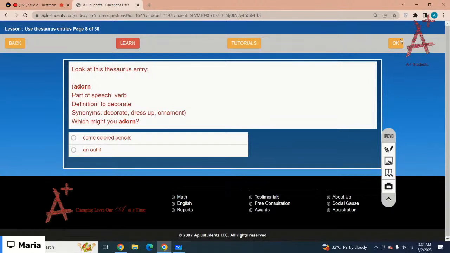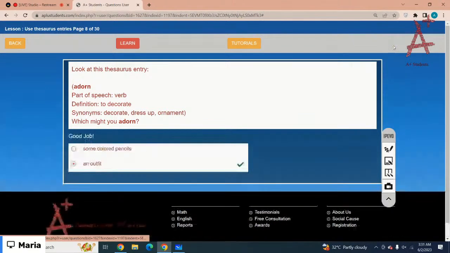So adorn means to dress up. Yes, the correct option is an outfit.